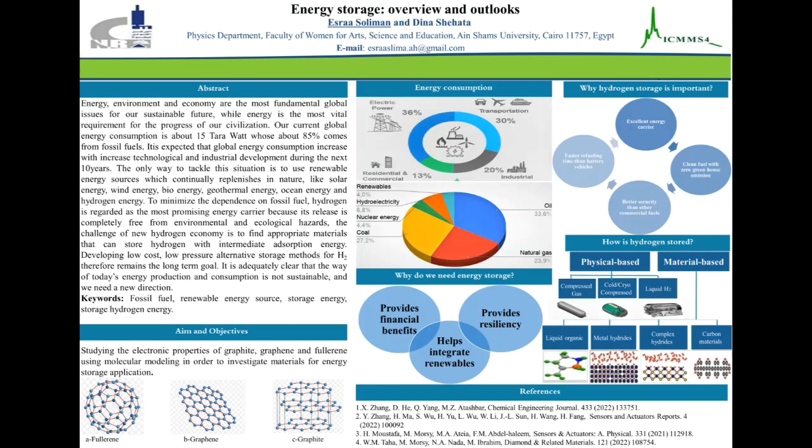So the statistics of global energy consumption by different sources are 33.6% for petroleum oil, 23.9% for natural gas, 27.2% for coal, 4.4% for nuclear energy, 6.8% for hydroelectricity, and for renewable energy 4%. That is almost 85% of energy based on fossil fuels.